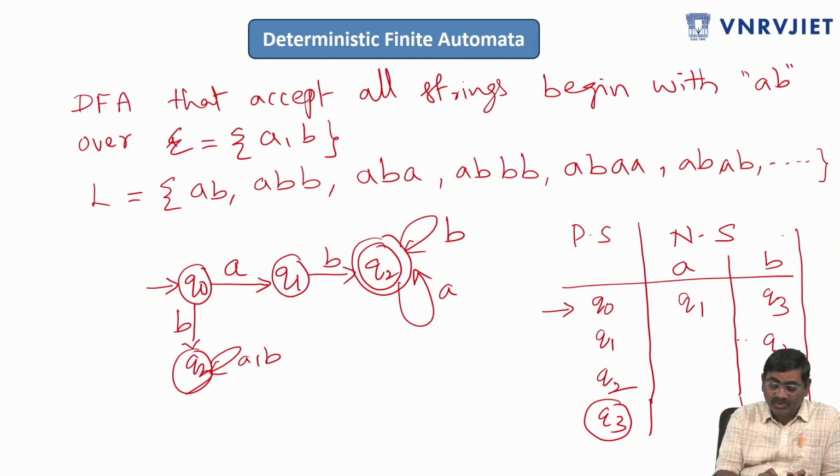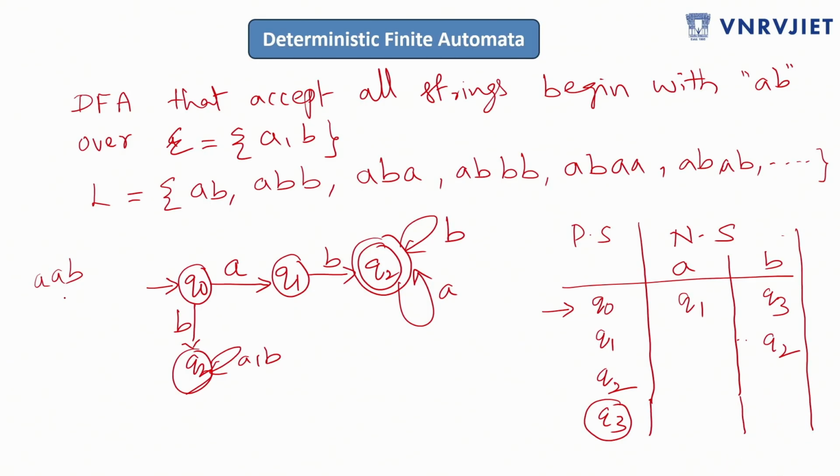Therefore, we need to verify one more string, that is AAB. The string should begin with A, and after the first A there should be B only. So a second A should not come.